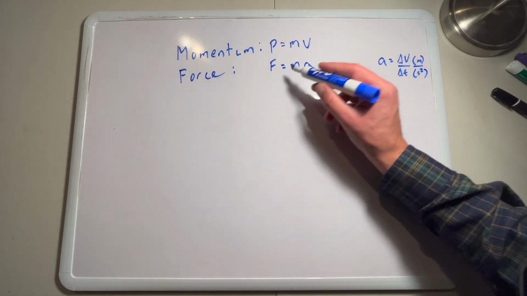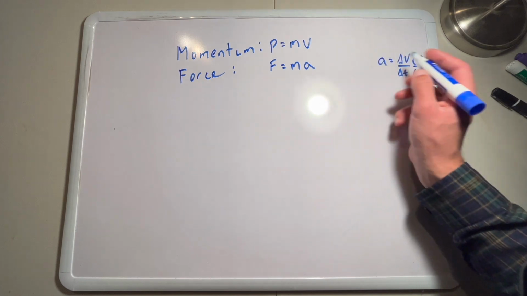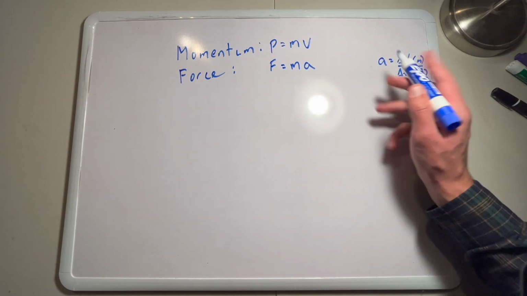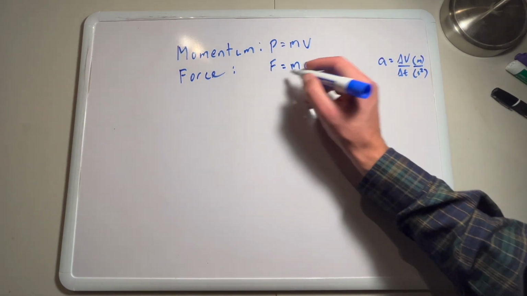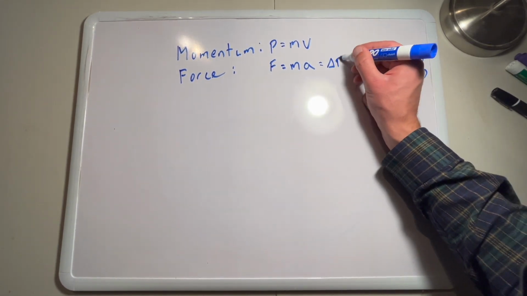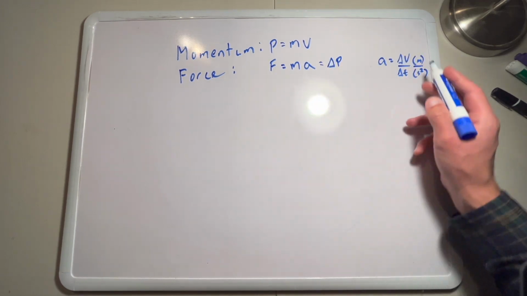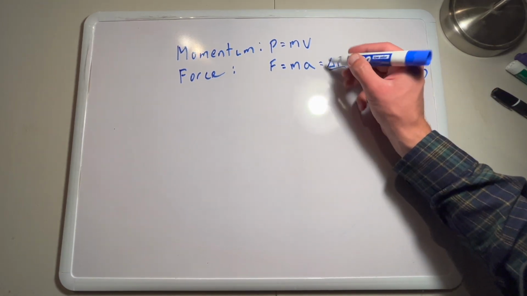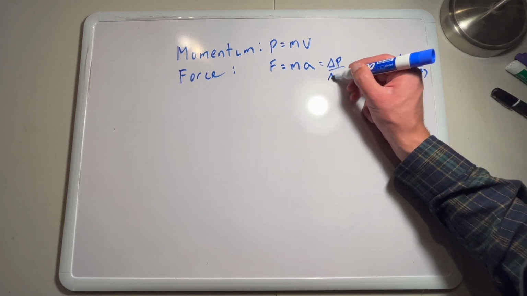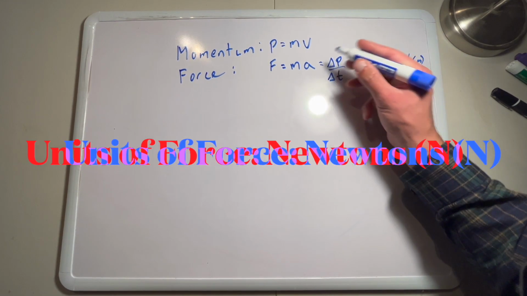And so for force, you can also write that, because we have velocity right there, right? You can write Newton's second law as change in momentum, and we're not going to worry about calculus, so I'm doing lots of these delta signs that mean change, over change in time.